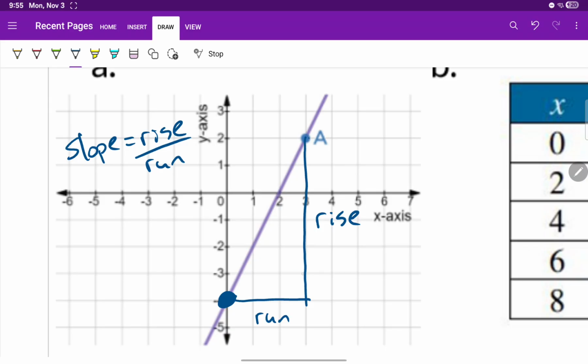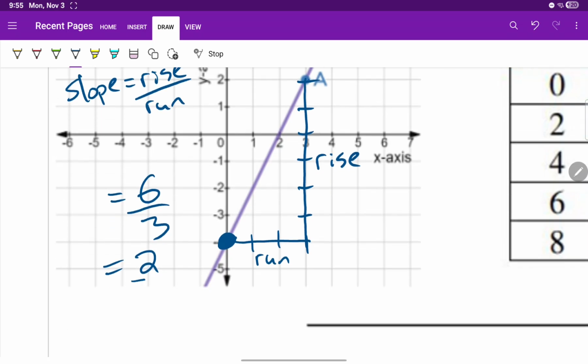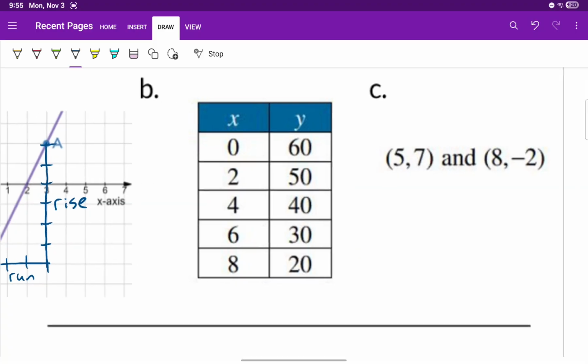My rise in this question is 1, 2, 3, 4, 5, 6. So my slope is 6 over my run, which is 1, 2, and 3. That is a slope of 2, and you can simplify that to 2 over 1, or just write it as 2 if you would like. Okay, that's my first one. Use your triangle to find it out.